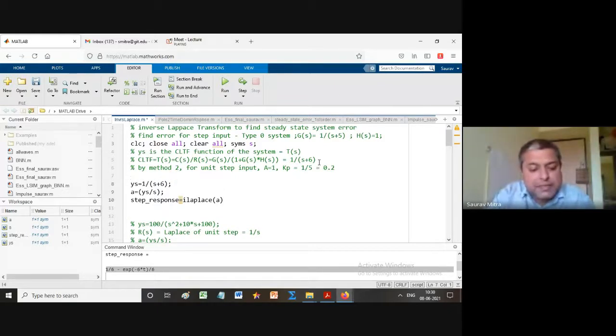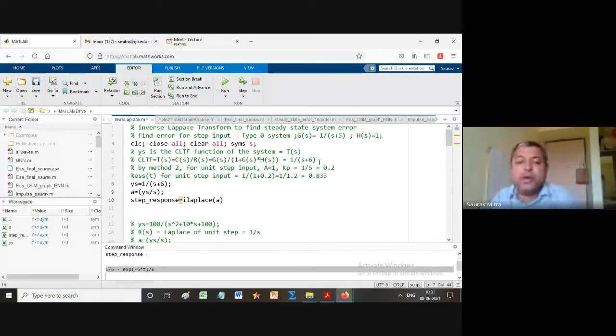And this is ESS, which means steady state error. So ESS for unit step input, write it in pen and paper today, is 1 divided by 1 plus 0.2, that is equal to 1 divided by 1.2, that is equal to 0.833.